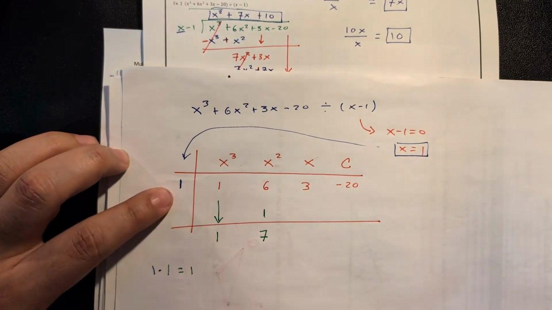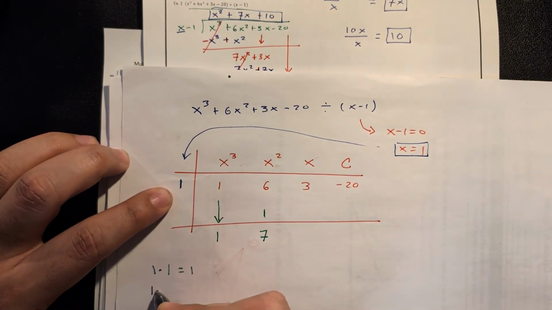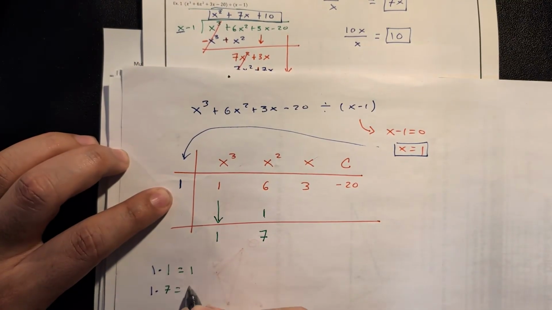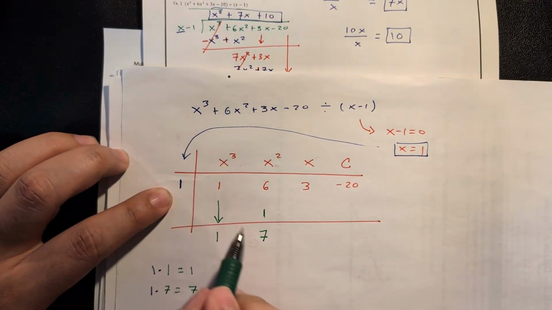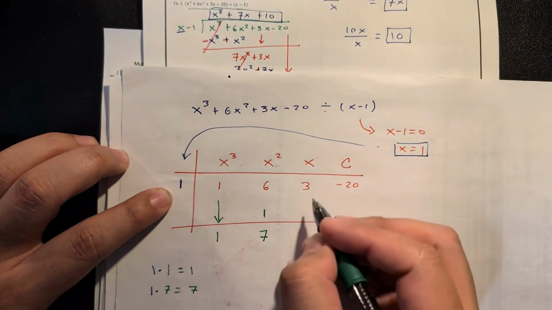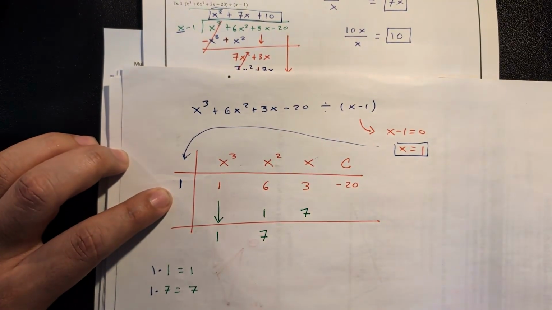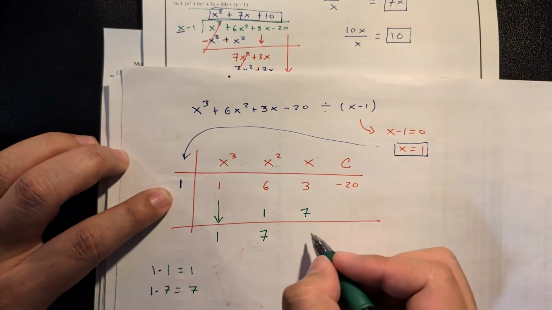Now, we're going to do 1 times 7. This gives us 7, and we're going to add it right here. 3 plus 7 gives us 10.